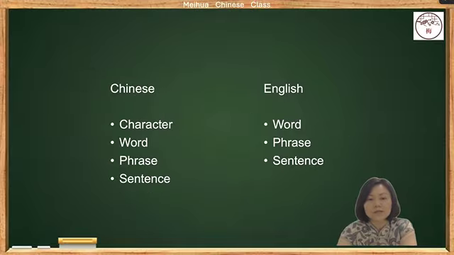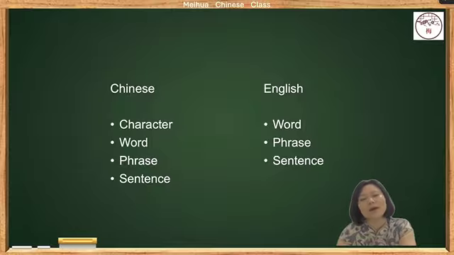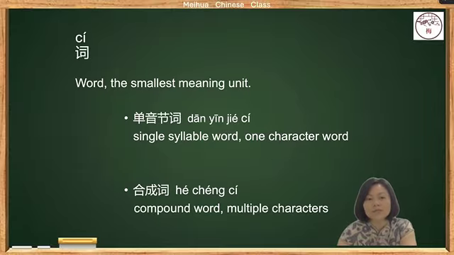From the last slide, we can conclude that characters are not equal to words, right? But why? What is the reason? Why do you say so? Now we know that word means the smallest meaning unit.